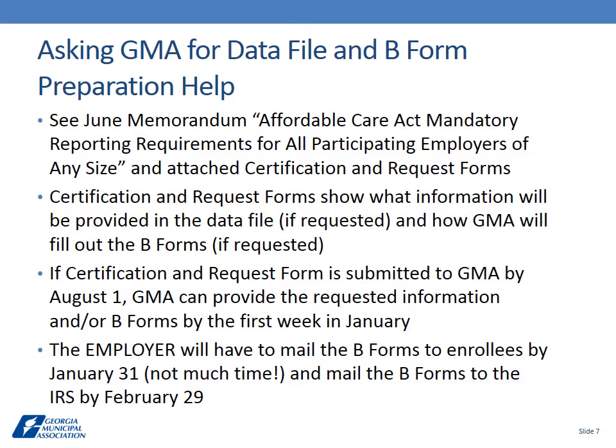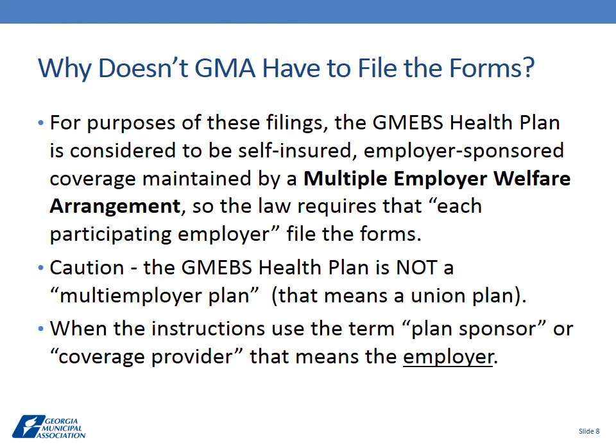If the certification and request form is submitted to GMA by August 1st, GMA can provide the requested information and/or B forms by the first week in January. Remember, the employer will have to mail the B forms to enrollees by January 31st, which is not much time, and mail the B forms to the IRS by February 29th.